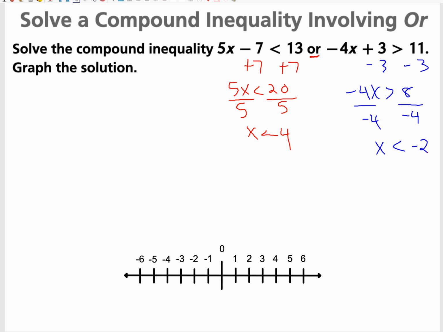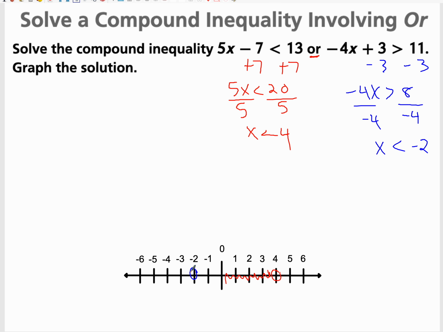So I'm going to graph my first one. X is less than 4. So I'm going to put what symbol? Open circle. And it shades to the left because it's less, right? Okay, and then I'm going to graph my other one so we can see how they interact with one another. What symbol? Open at negative 2, and it graphs where? X is less than negative 2. Less goes left.